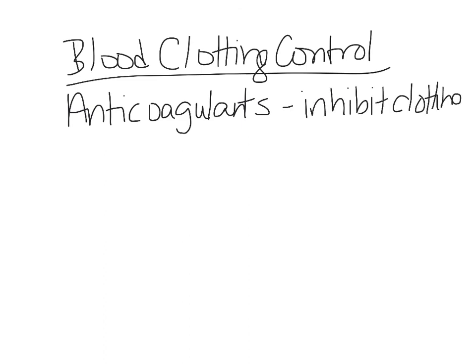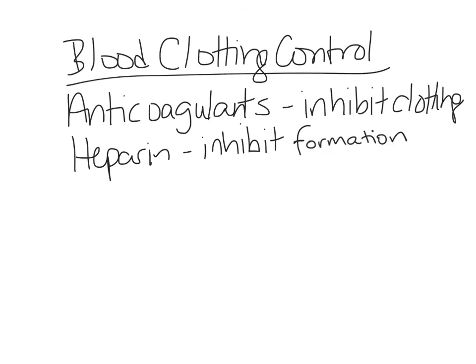Okay, so they prevent clotting from occurring. Anticoagulant. You might hear heparin. Heparin, we said, is released by the mast cells and the basophils, and they inhibit fibrin formation. Okay, so they prevent blood clotting by preventing the formation of fibrin.